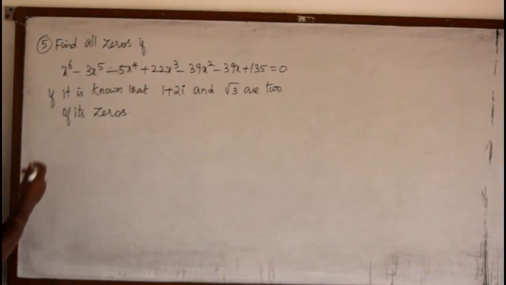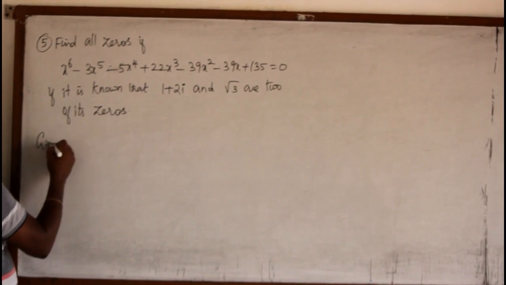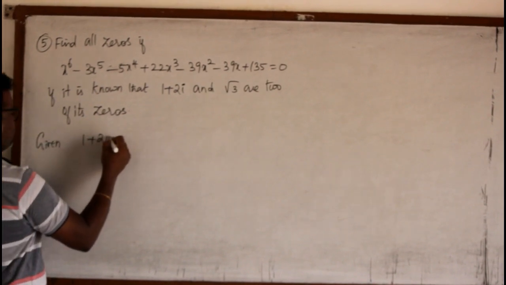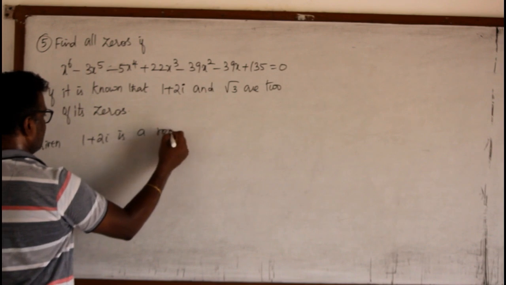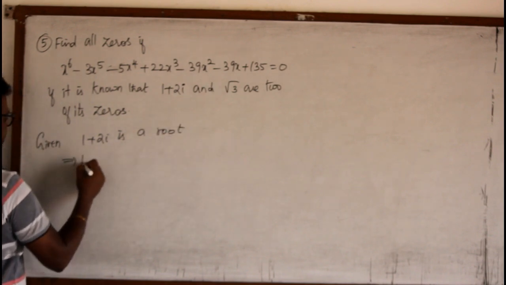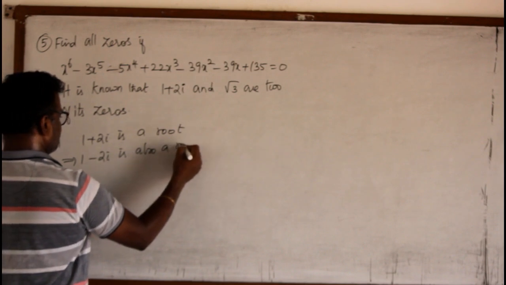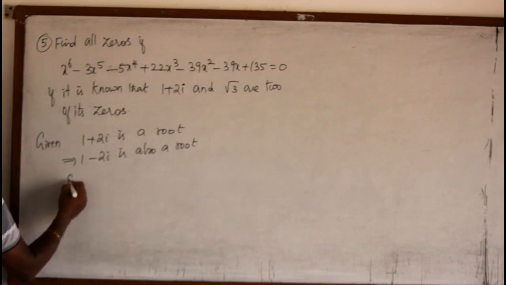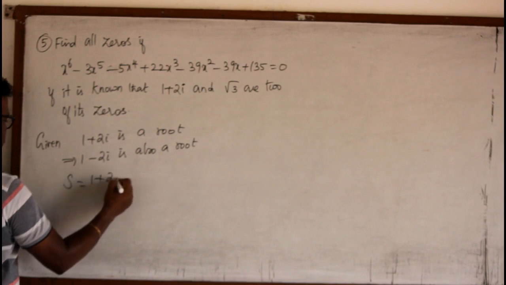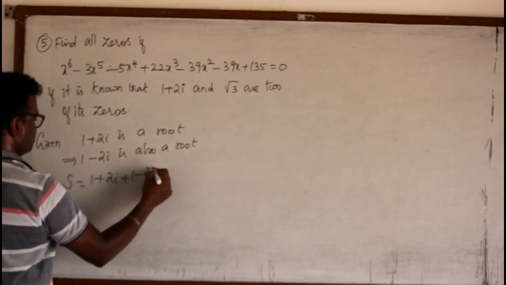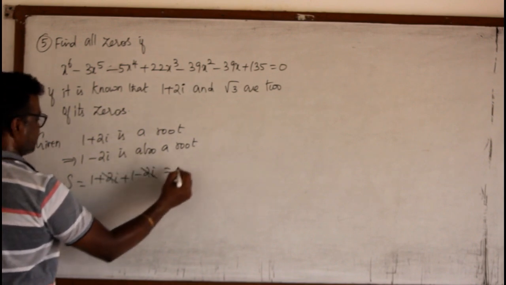So, given 1 plus 2i is a root, this implies 1 minus 2i is also a root. Let me add these. Sum S equal to 1 plus 2i plus 1 minus 2i, 2i cancels, it is 2.